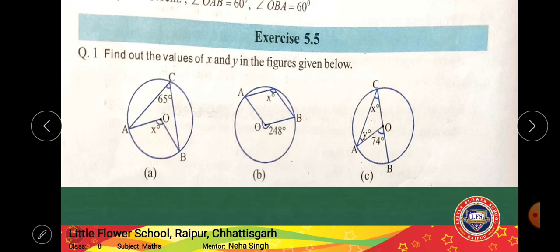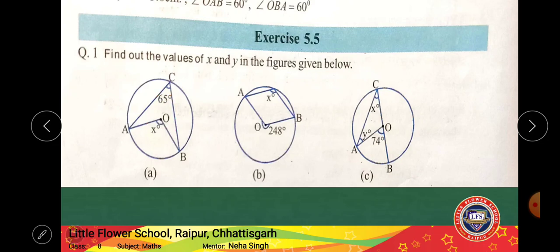One property we have studied in the previous exercises, what is that? The angle subtended at the center is twice the angle at the arc, or vice versa, the angle subtended at the arc is half of the angle subtended at the center, right?